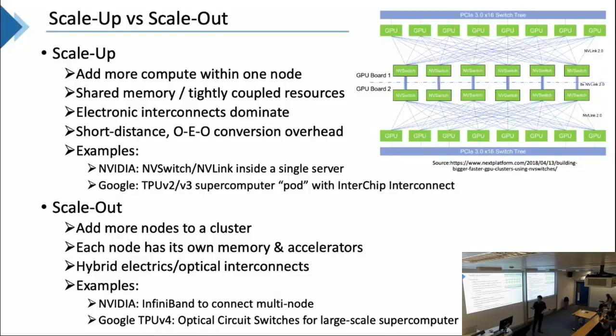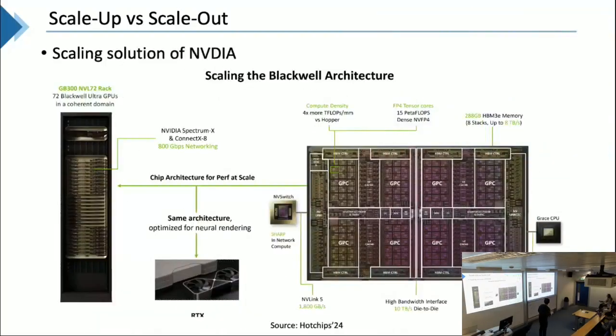So here I show a concrete example of how GPUs scale up their system. This is one chip design. If you look at it, this is the high bandwidth memory, this is the compute core, and this is the L2 cache. They also have NVLink, which links multiple GPUs together, and the NV switch to connect multiple GPUs.